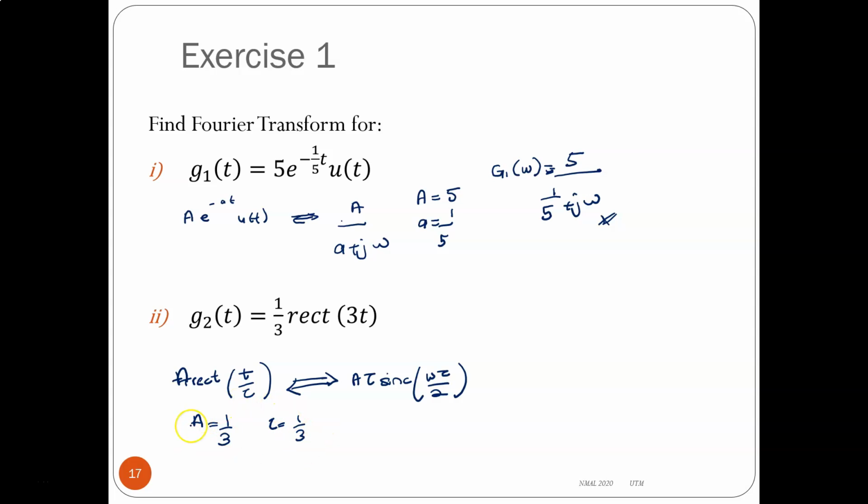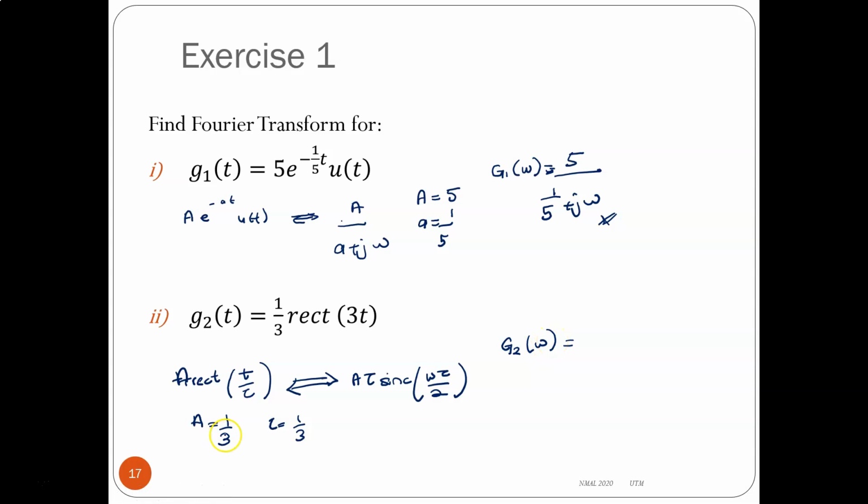Put all of these values back into this equation and write the proper Fourier transform form for G2(ω). Remember, don't make this mistake: when you have transformed a time domain signal using the Fourier transform, there's no longer a t domain, so you put it in terms of ω.